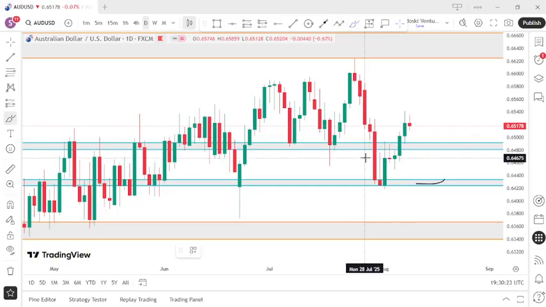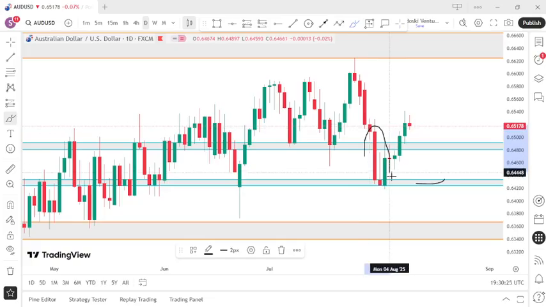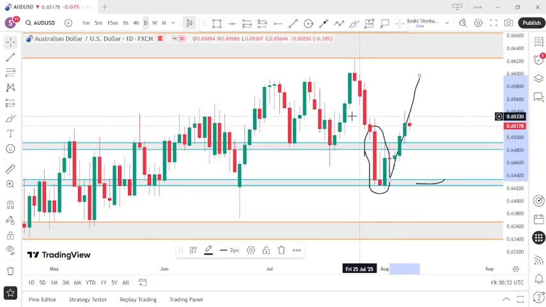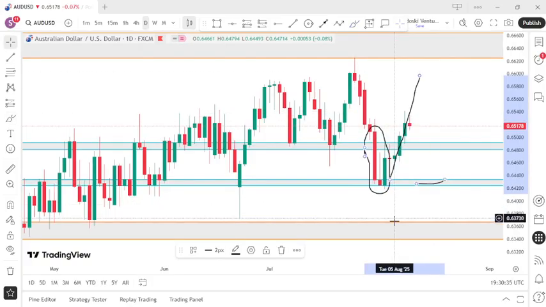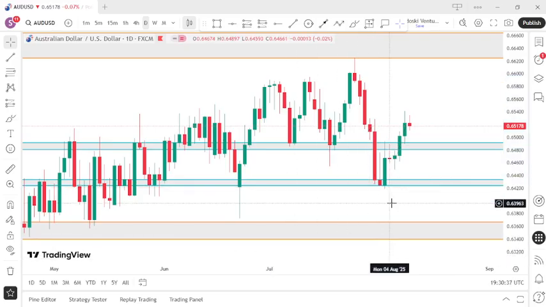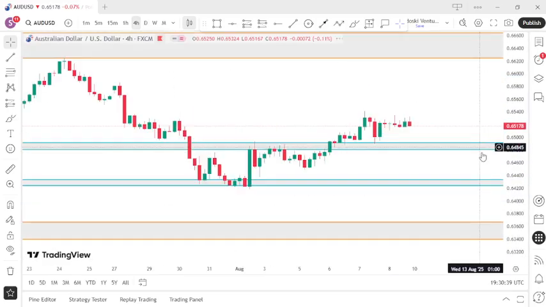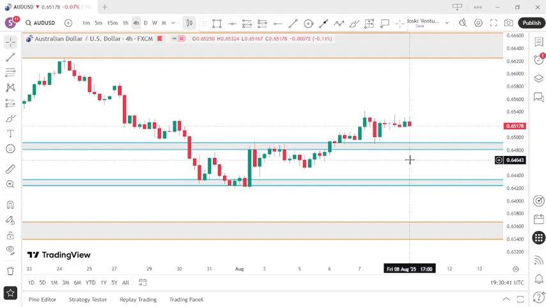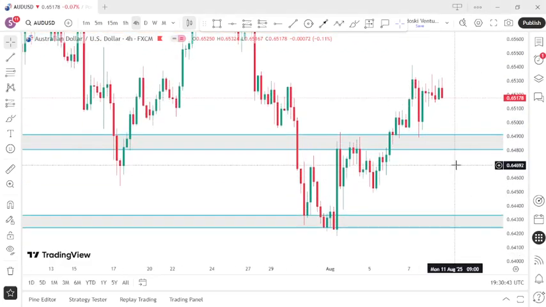You can see a formation of a morning star here from this daily support zone, which is showing strong buying momentum, and it's pushing the market all the way to the upside. So let's go to the 4 hour and set up for an entry on AUDUSD.